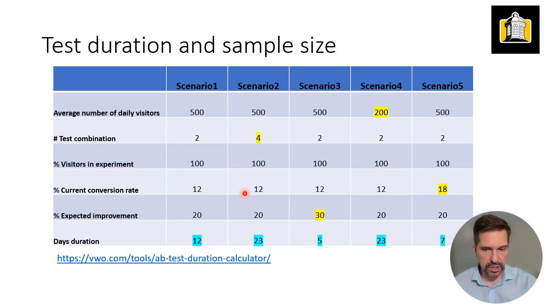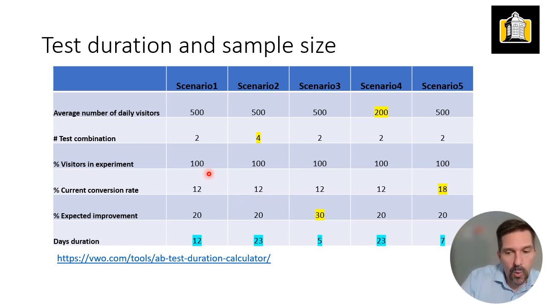And the key question is, how big does the sample need to be for you to be confident that the result that you're finding is not due to chance? Because it could be. You might have gotten unlucky, right? Maybe one image is better than the other, but the results you're getting are that they are about the same, because you got unlucky. Now, if your sample size, the amount of people that actually were assigned to the 2 groups, is large enough, you're going to be confident that those results are going to hold in the long term, right?